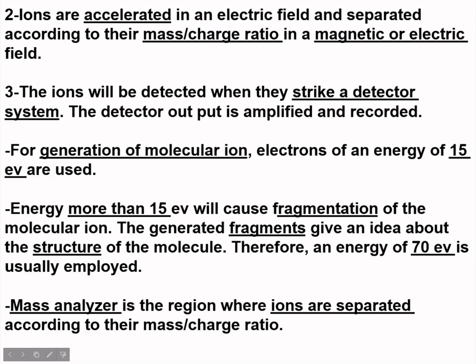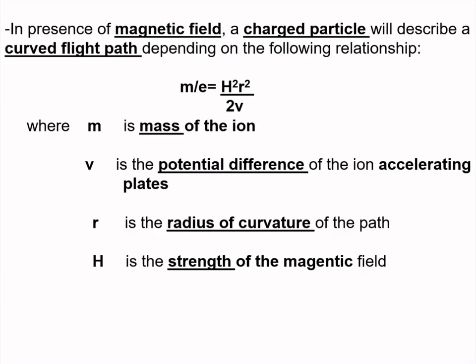The mass analyzer, as you saw, is the region where ions are separated according to the mass over charge ratio. It is here a magnetic field. In the presence of a magnetic field, charged particles describe a curved path.